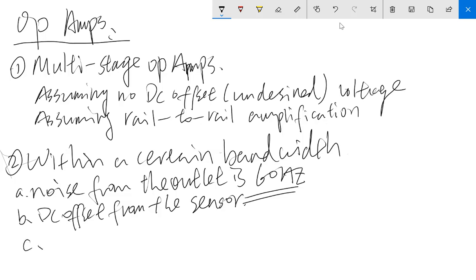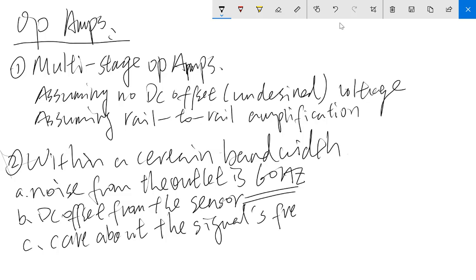And one more thing is you need to care about the signal's frequency. We used 1 Hertz for the heartbeat, right? It won't be faster than like 2 Hertz.